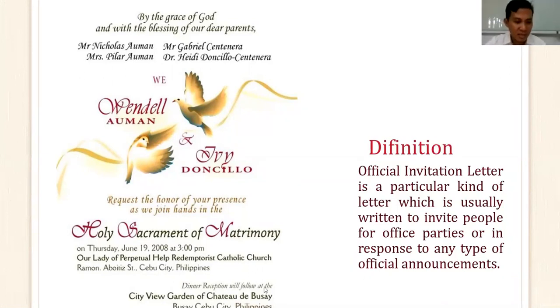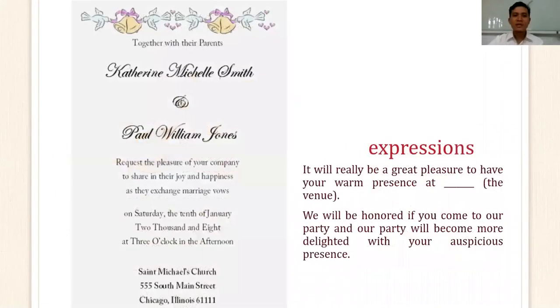And then the vow, the akad nikah, it's in the Redemptorist Catholic Church. Right. So these are an example of a formal invitation, or official.